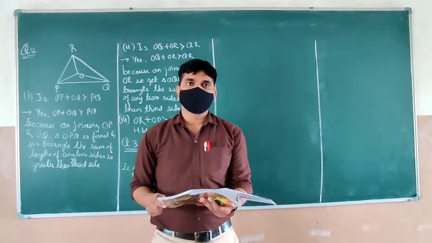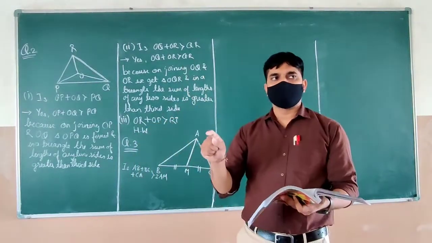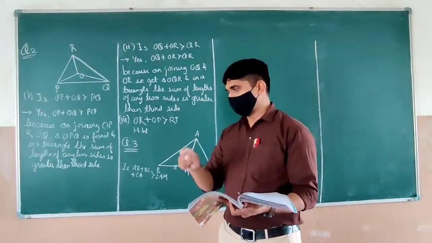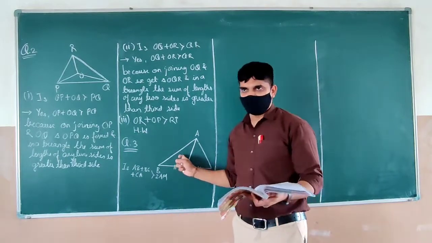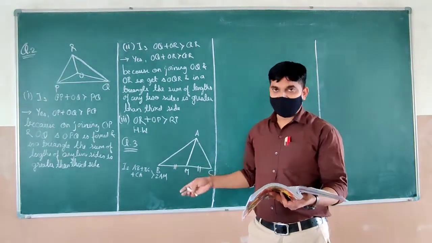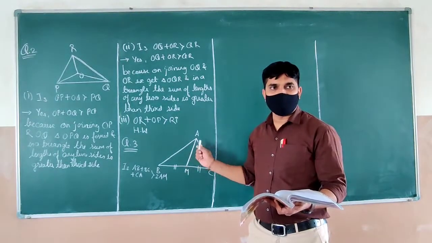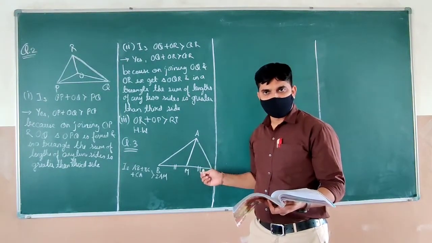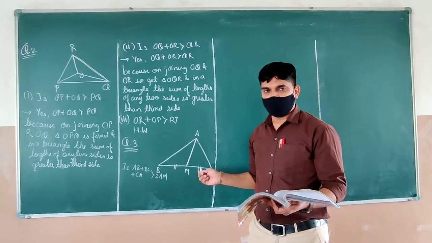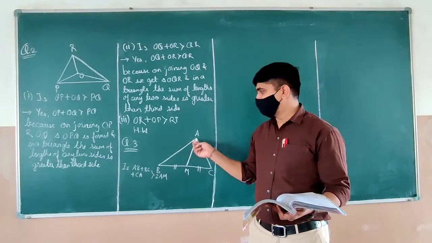Question number 3. Look into your textbook. This is the figure they have drawn there. What does it say? AM is the median of triangle ABC. Understood? Median I have already told. What is a median?